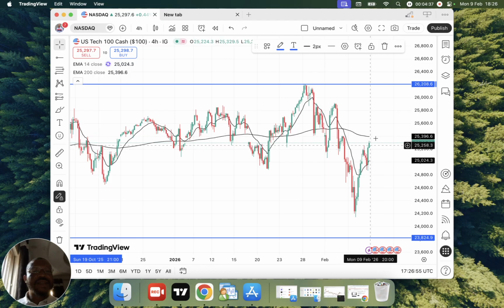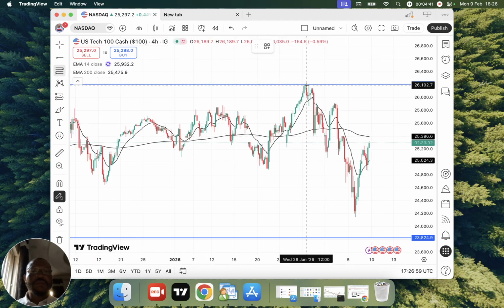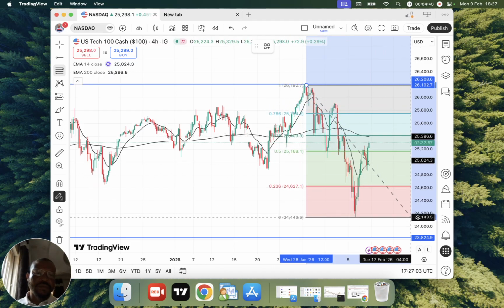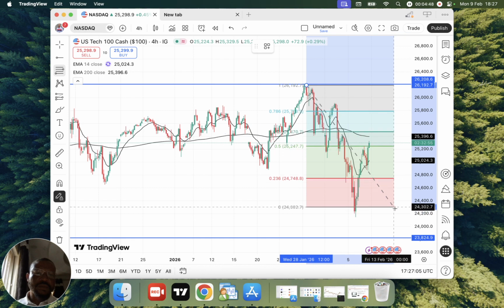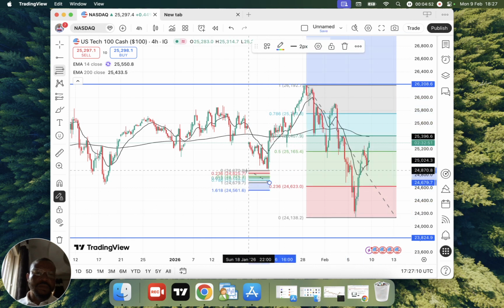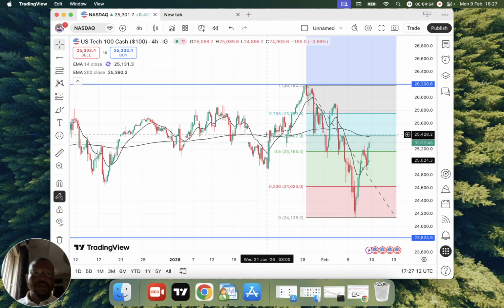So if I get an entry at this point, let me even take a Fibonacci and let's see. We'll take from this point to this point. We can see 61.8 is right here.